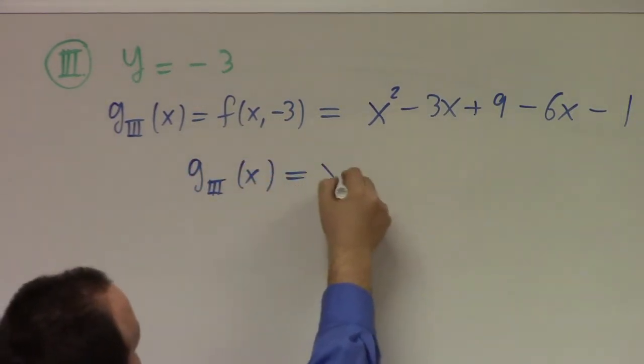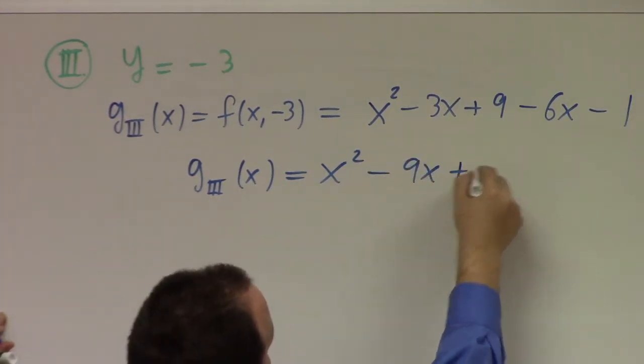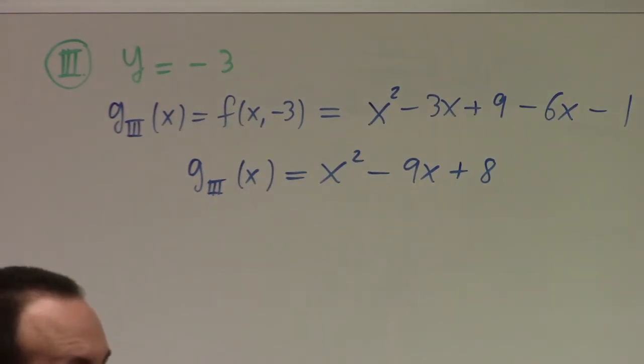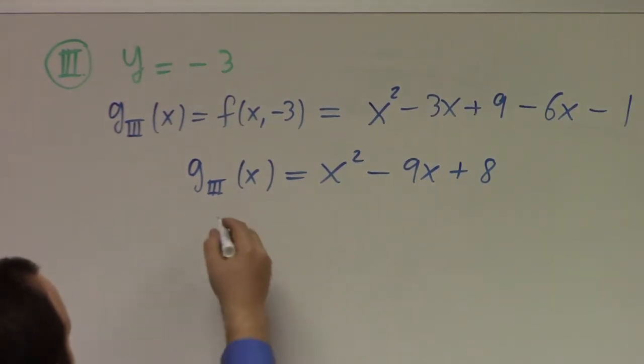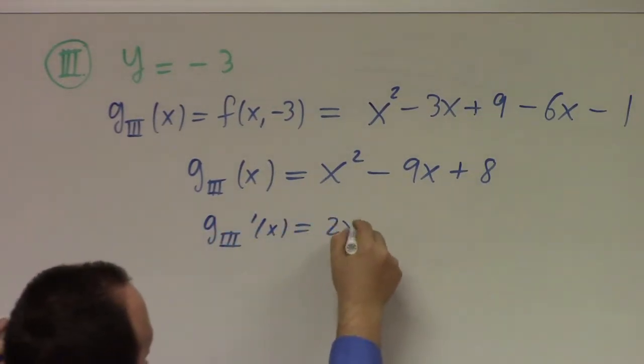Let's see here. We get x squared minus 9x plus 8. So again, g3 prime of x is 2x minus 9.